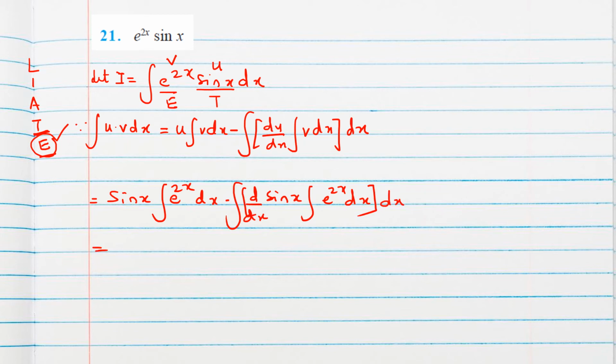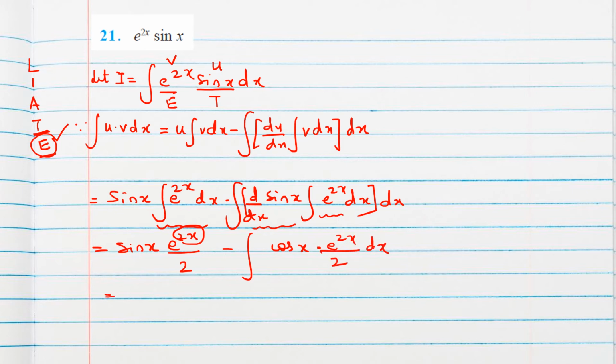This integral will be the same, e power 2x, but since it is composite, we divide by the derivative of this, which is 2, minus, here the derivative of sine is cos, and the integral will be e power 2x by 2.